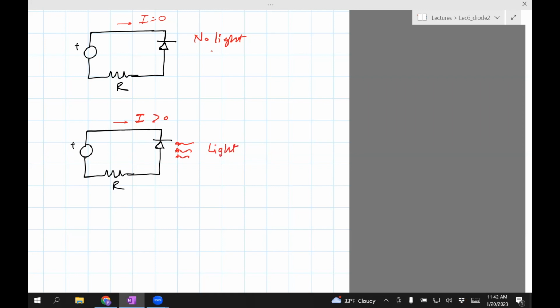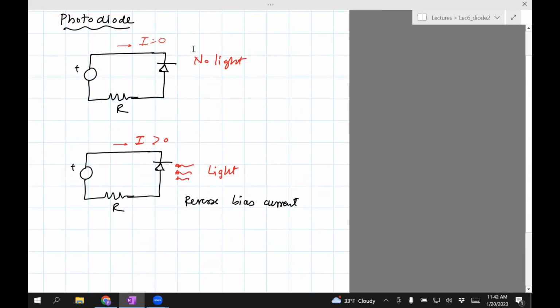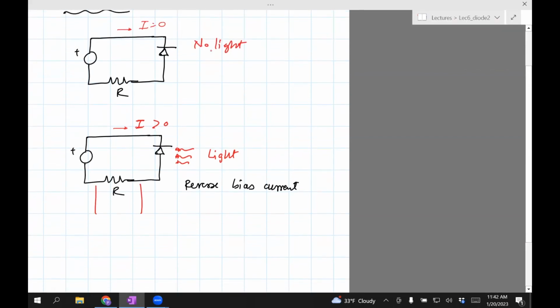Okay, now here's something to note. The current flowing in this diode is the current flowing in reverse bias. It's going to be very little current. So in other words, if you want to use this as a sensor, you want to measure the current, and another way to measure the current is through measuring the voltage across the resistor.